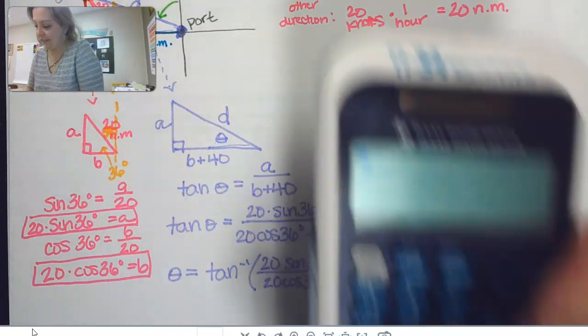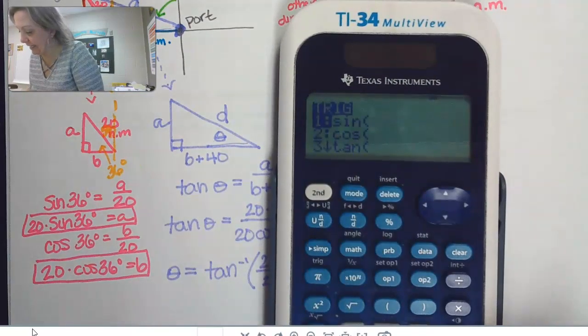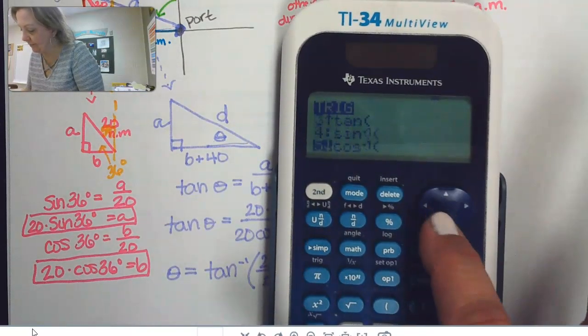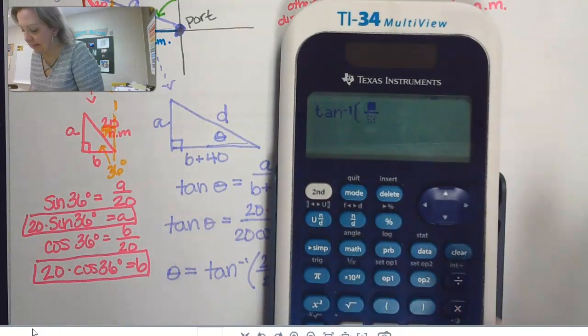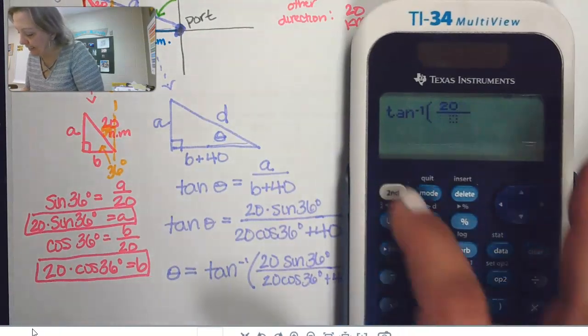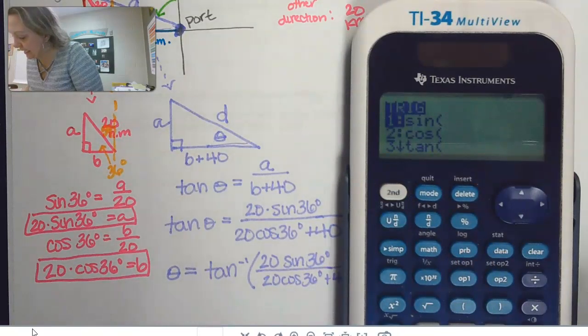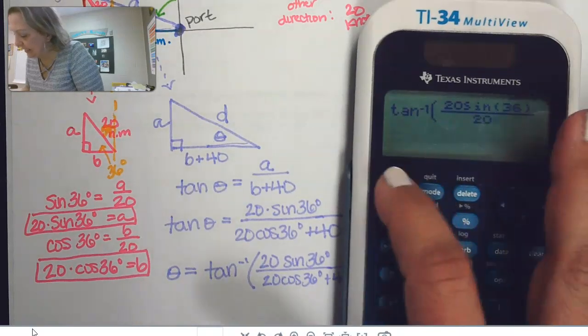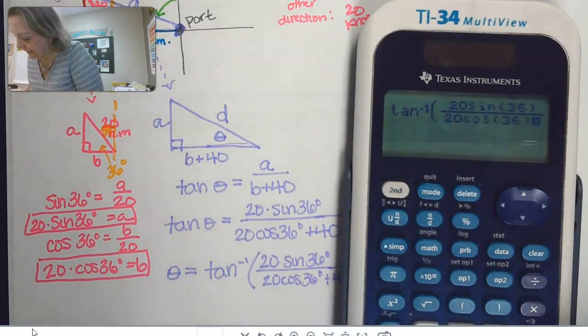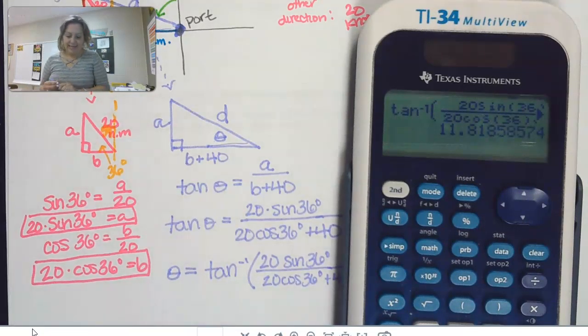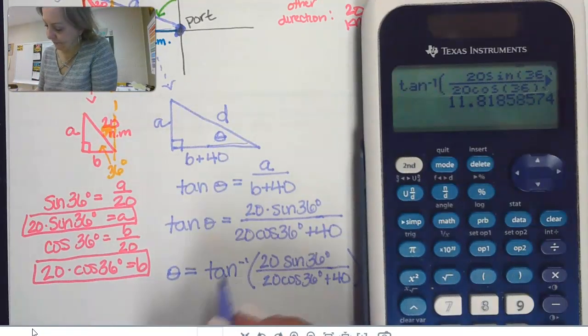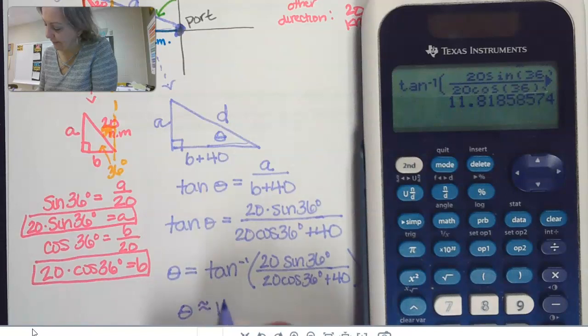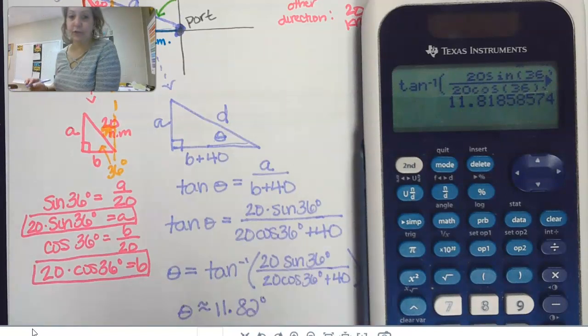So in the calculator, I can take the inverse tangent of 20 times the sine of 36 over 20 times the cosine of 36 plus 40. And I get that theta is about 11.82 degrees.